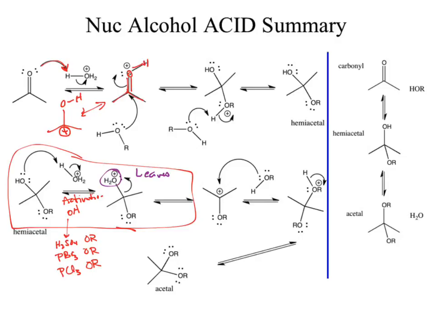PI3, not a bad guess, but no. Go down the halogens. SOCl2. It's going to be a bit unfair to play hangman in this case, because some of those are numbers.